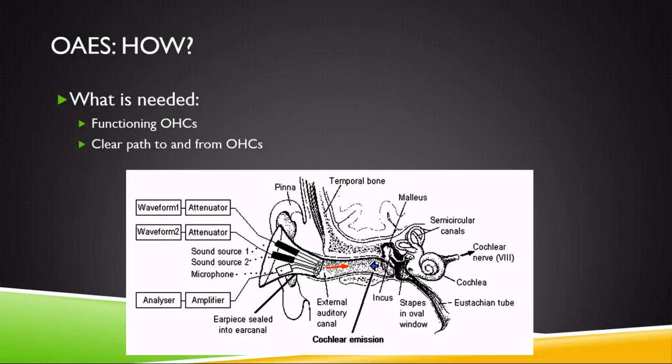So anything that's stuck in the ear canal, anything affecting the eardrum or the movement of the ossicles, is potentially obstructing the measurement of the otoacoustic emission. And again, it doesn't necessarily mean that it's not there, but there may be something obstructing its measurement.